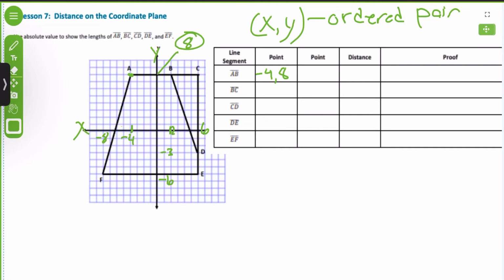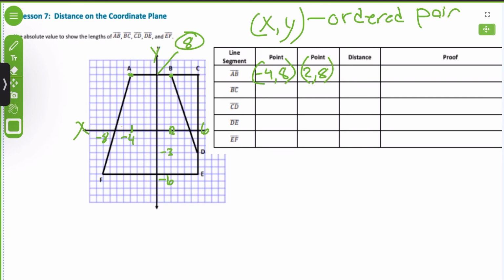It's over to the left 4 spaces, which means it's a -4. It's up 8 spaces. Therefore, it's an 8. So we have -4, 8. Now, what is B? Right here is B. 2, 8. Correct.